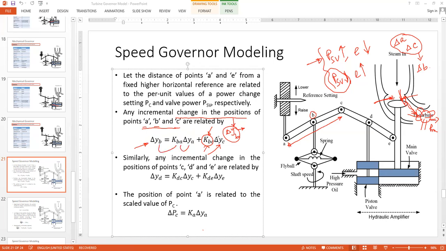When we are talking about the relation between point B and point C, we call it KBC. It is as simple as that. And we have already seen how they are affecting each other's position.